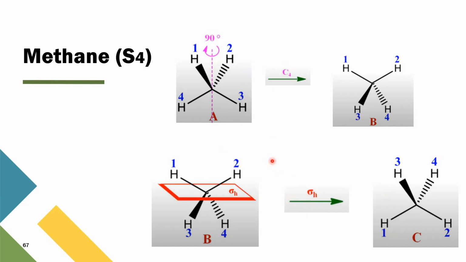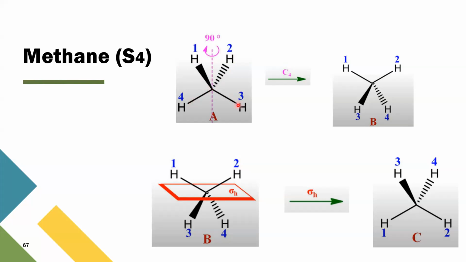Still you are confused. Madam, can you explain the C4 rotation from A to B? Yes. So here I said these two hydrogens labeled 3 and 4 lie in the plane of the paper. Here one is going inside and the other one is coming out. That's how you draw these bonds. So you rotate it by 90 degrees.